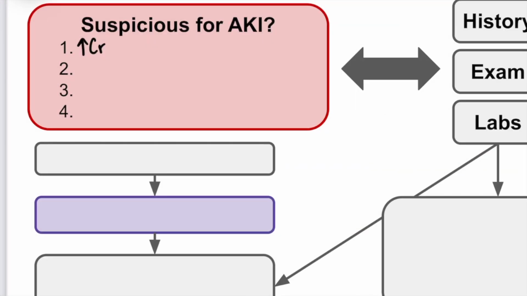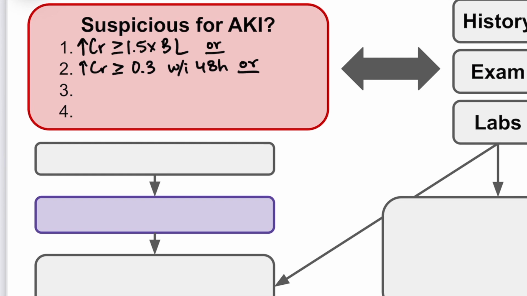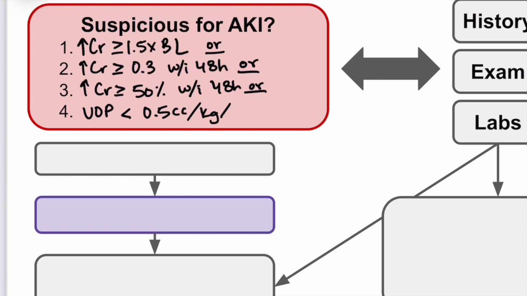If the creatinine rises greater than 1.5 times the patient's baseline, or if the creatinine rises more than 0.3 within 48 hours, or if the creatinine rises more than 50% within 48 hours, or urine output becomes less than half a cc per kg per hour. These are all reasons that should make you suspicious for AKI.